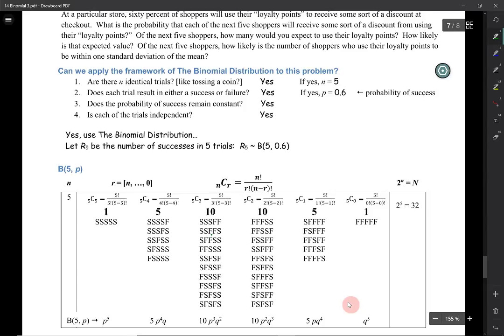Then if you do NPQ, you do 0.8, which is like 0.81, and you take the square root, you get about 0.9. So there's a little bit of rounding over here, right? So the mean is over here at 1, and the standard deviation is just under 1.